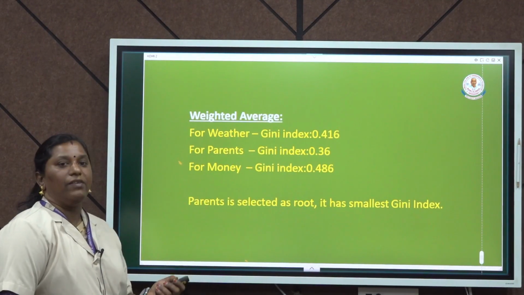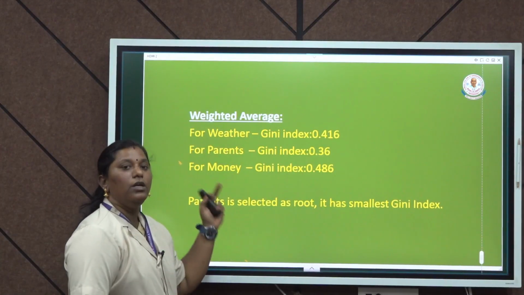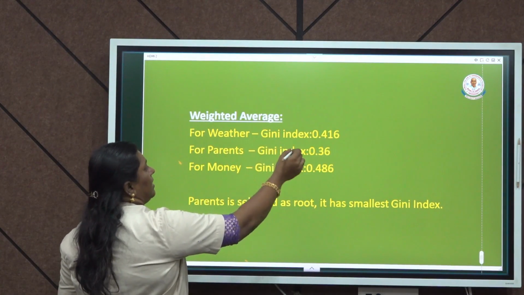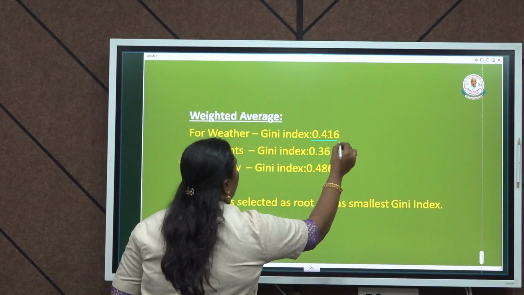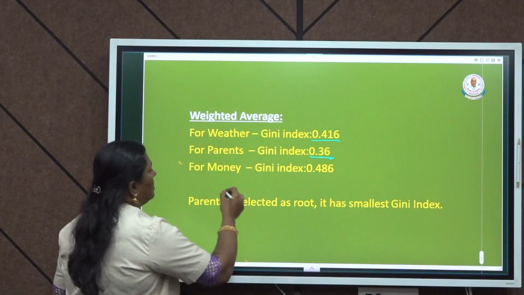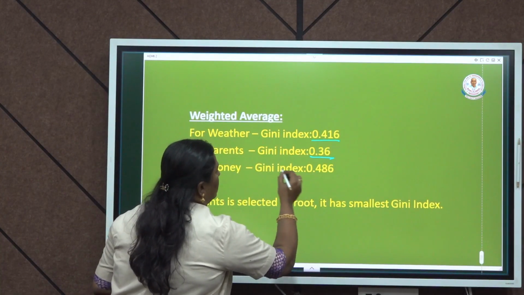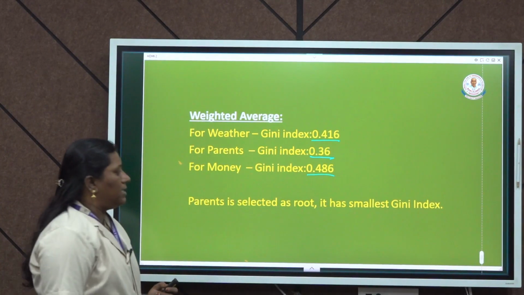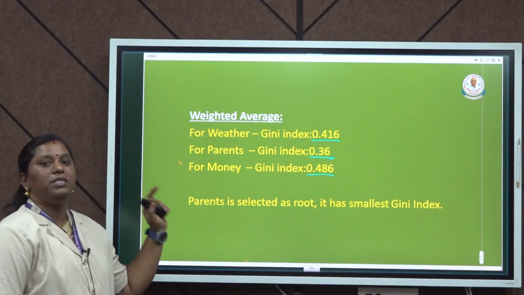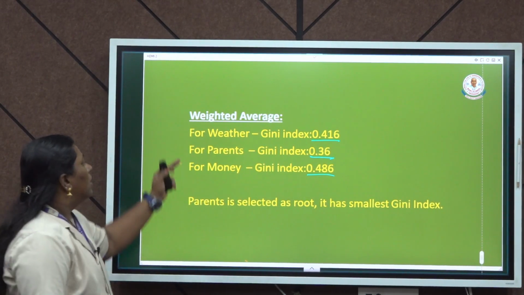These are all the weighted averages we have solved so far. The weighted average Gini index of weather is 0.416, the Gini index of parent is 0.36 and the money Gini index is 0.486. Among these, the attribute with the minimum Gini index will be taken into account.